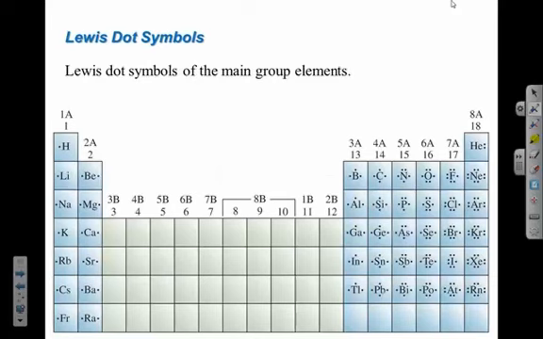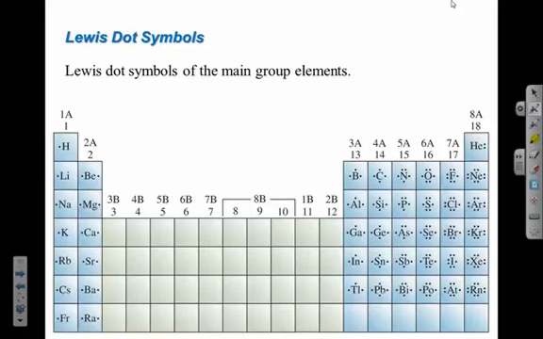And so if you're looking at the Lewis dot symbols, what pattern do we see here is that depending on the group number, 1A, 2A, 3A, 4A, etc., for the main group elements, not worrying about the transition metals for now, but for the main group elements, we can quickly see visually that the number of valence electrons should be equal to the column. Right?